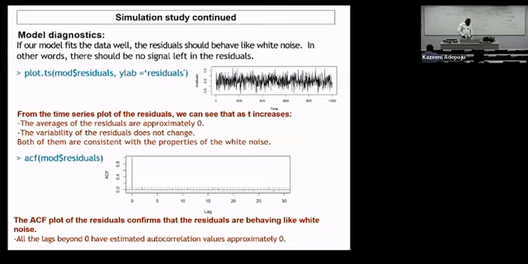But in model diagnosis, when you want to subject a time series model to diagnostic testing, the way to investigate a good model is to check whether the residuals behave like white noise. If the residuals behave like white noise, then we are fine.